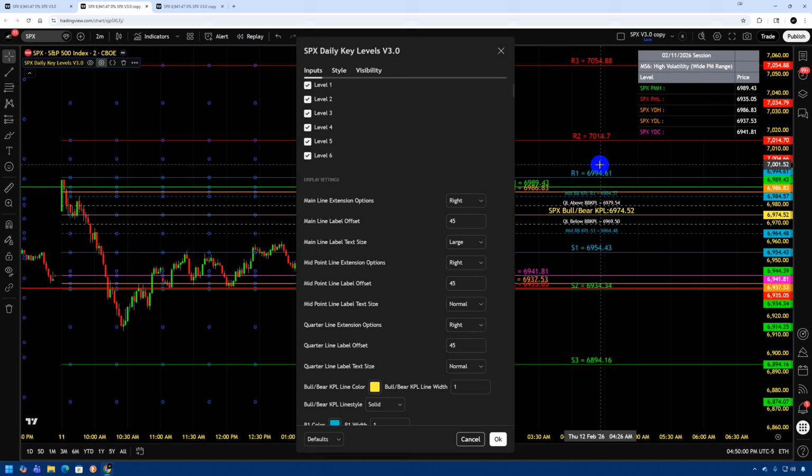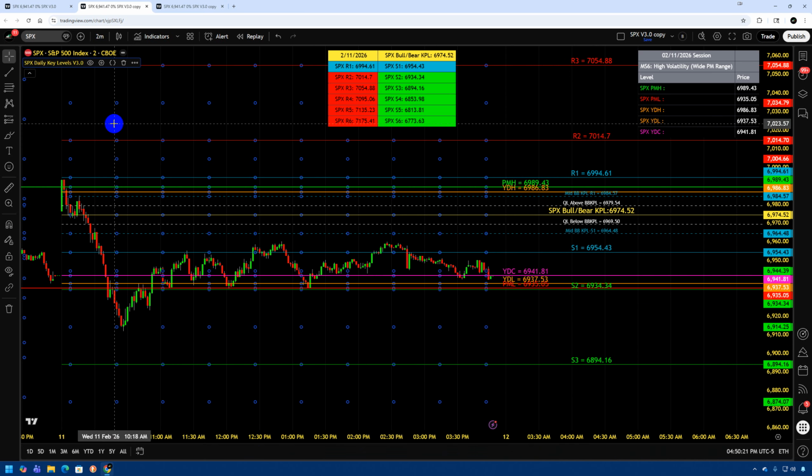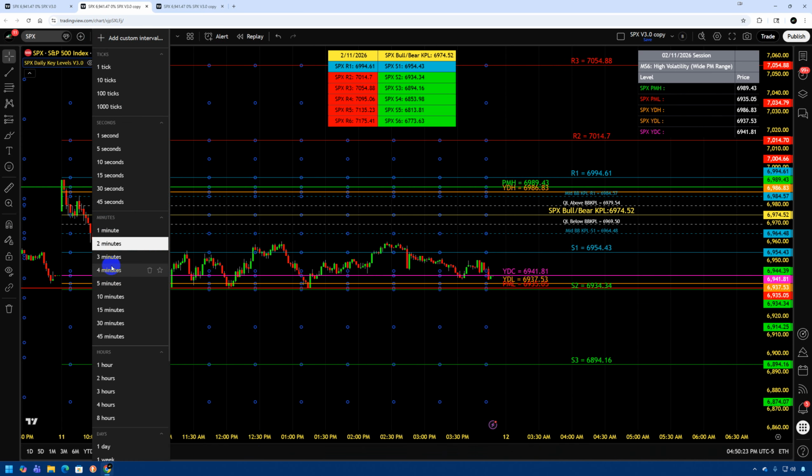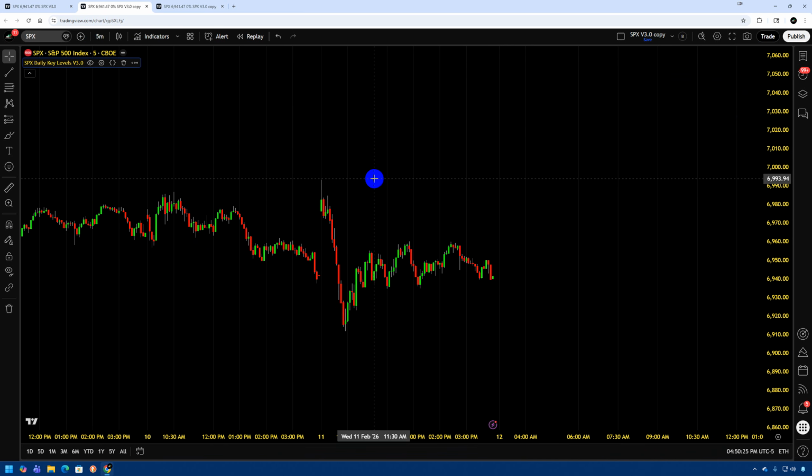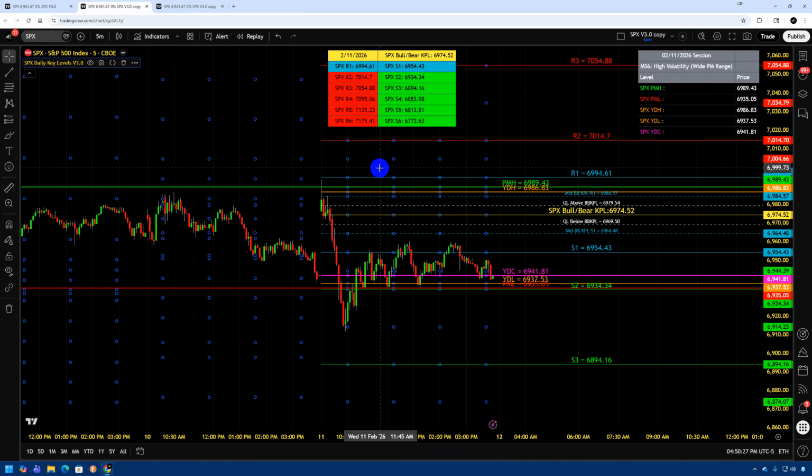Otherwise, you're going to have too many lines going to the left and right, because it's going to bundle up all of the previous sessions as well, and it's just going to look very confusing. So the first thing you do is change these to write only. And for this, we'll just change this to a 5-minute chart for the purposes of these historical sessions.